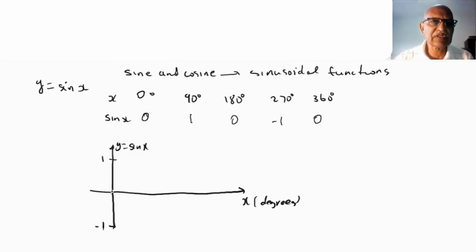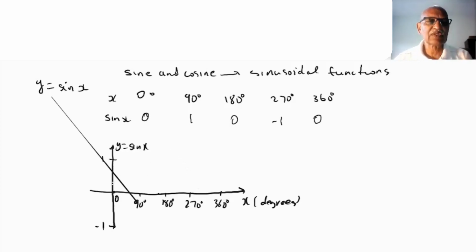So let's say 0 degrees is here, which is 0, and then we have 90 degrees, and then we have 180, 270, and 360 degrees. As we see here, 0 degrees is 0, 90 degrees is 1, 180 is 0, 270 is negative 1, and 360 is 0 from this chart.